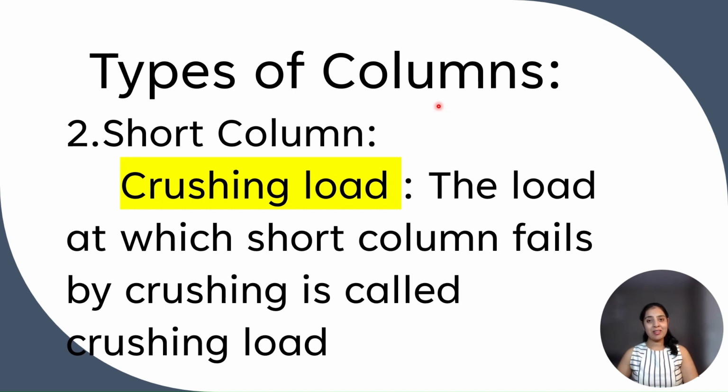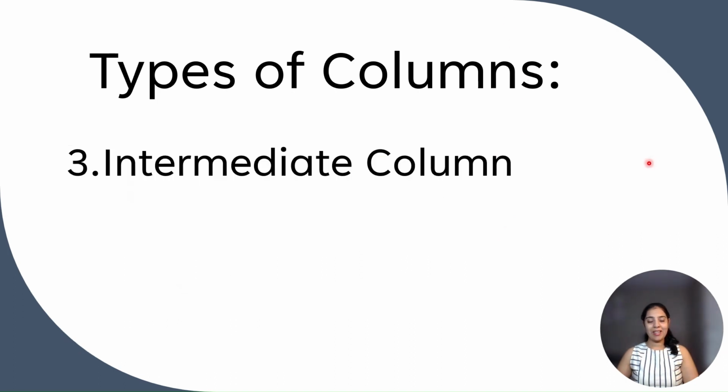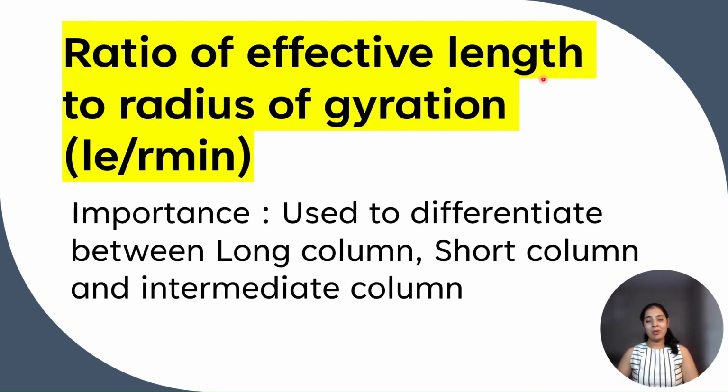And here is one more concept called crushing load. So the load at which short column fails by crushing is called crushing load. Next column is intermediate column. We saw long column, short column and intermediate column.